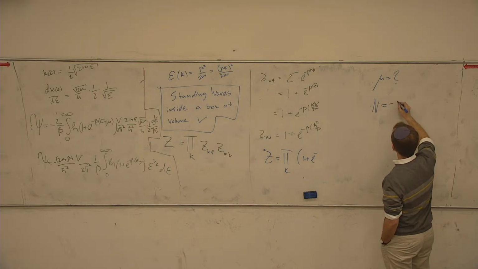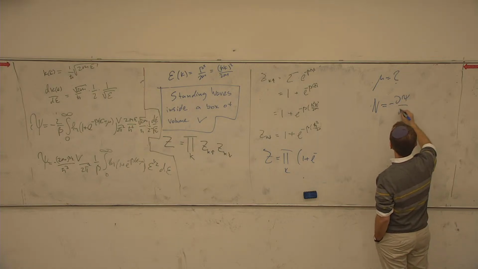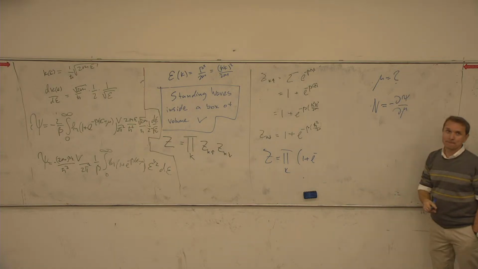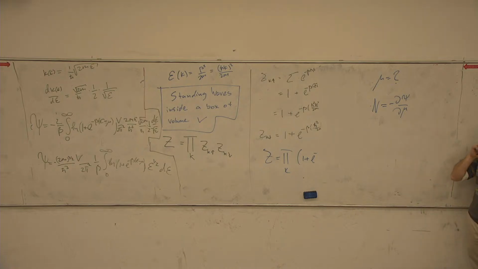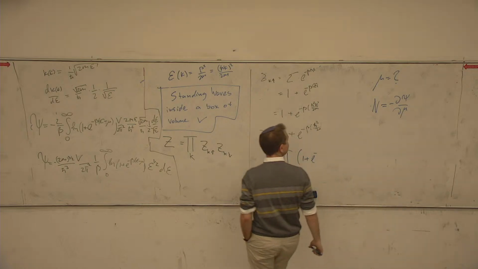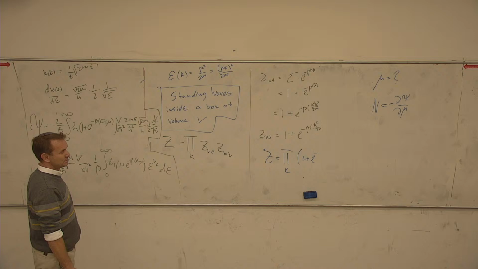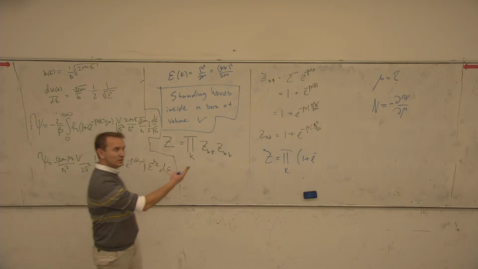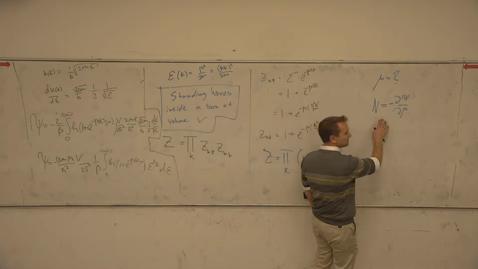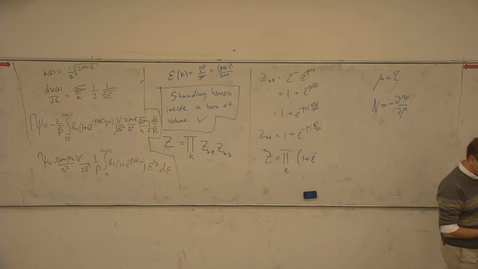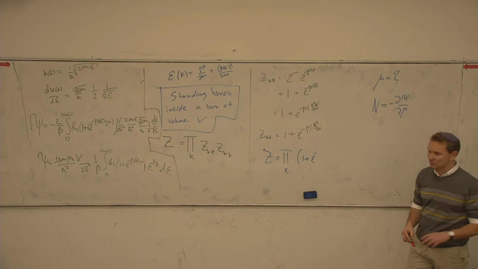Now n is always minus dou psi to d mu. Minus d psi to d mu. If you don't remember this specific form over here, you forgot the derivatives, you can always go to the probability description, right?